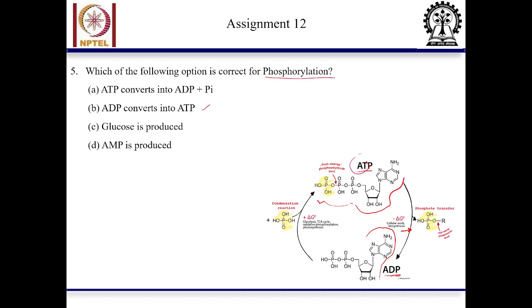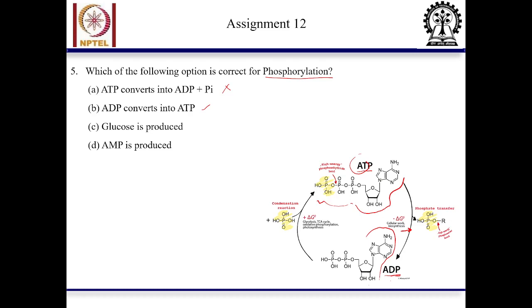This is called phosphorylation. It's like the words hydroxylation and hydrolysis. If a term like dehydrogenation is written, you can say it is the removal of hydrogen. So the other answer is not correct. The correct one is where ADP converts to ATP by attaching one phosphate group. This is called phosphorylation. Correct? So I think, Sunil, now you got it.